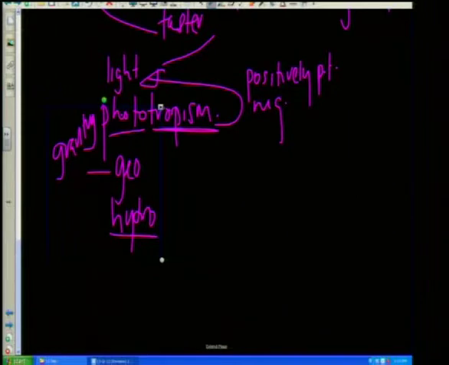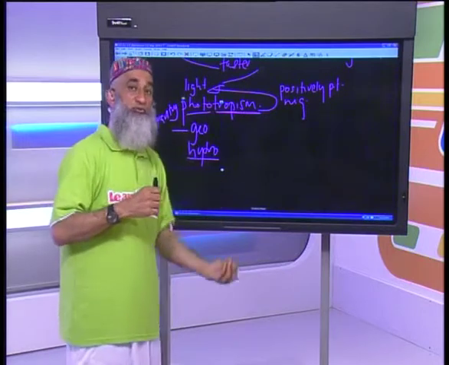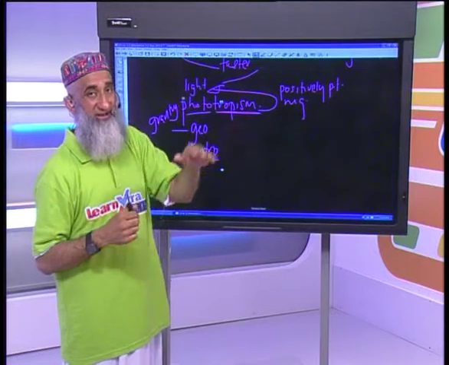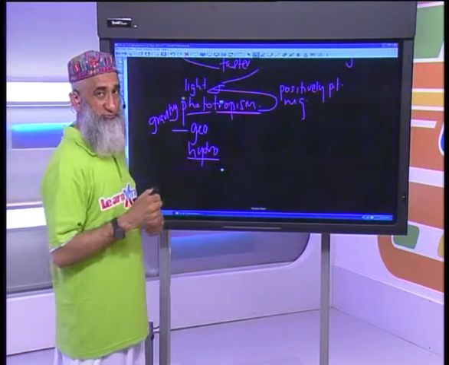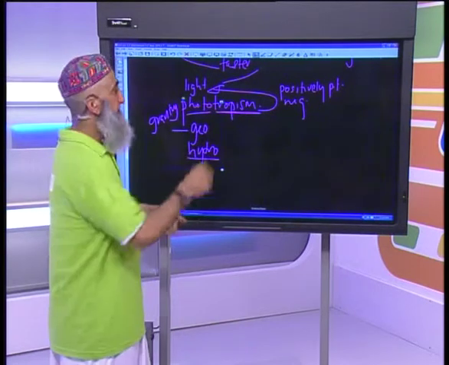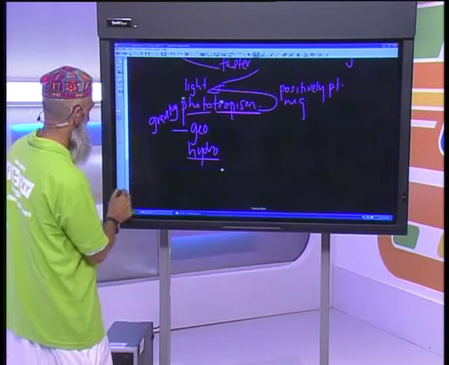If it moves towards gravity, positively geotropic. If it's moving away, it is negatively. The roots are obviously positively geotropic, and the stems are negatively. Stems grow upwards, they're not growing down. At the same time, stem grows towards the light, so it is positively phototropic. You need to be able to explain how auxin brings about these movements. So make sure that you learn that as well.